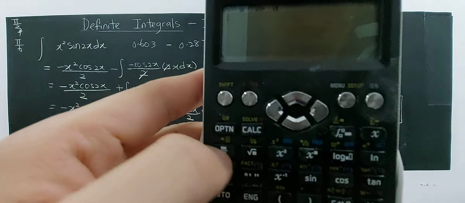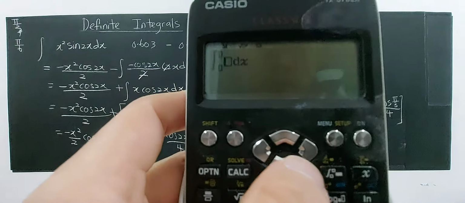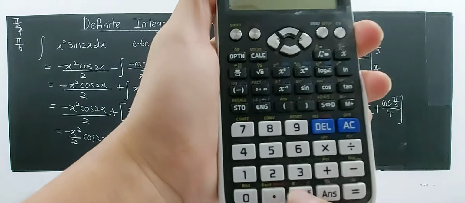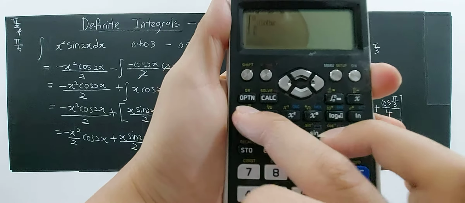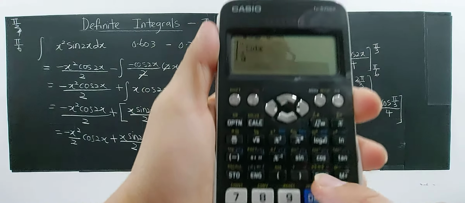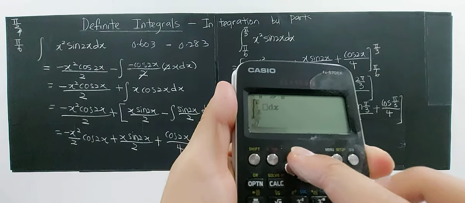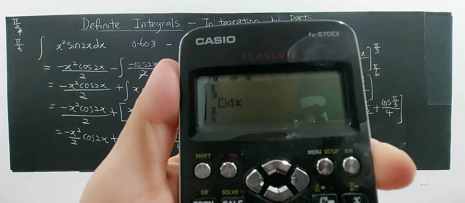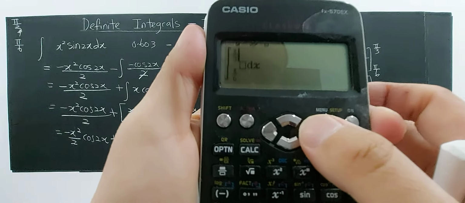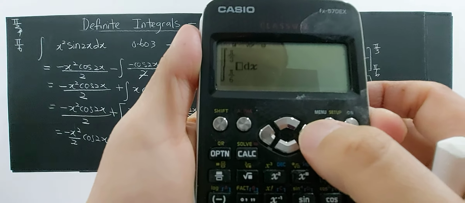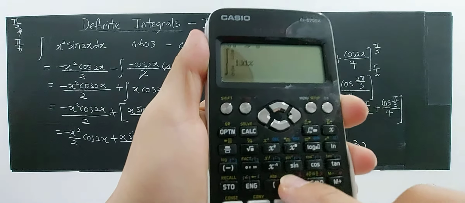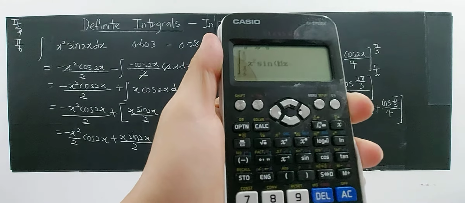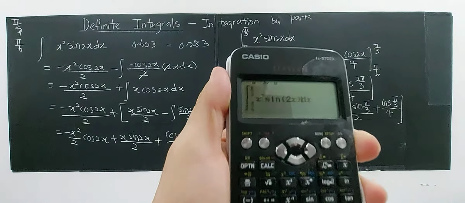So that's in decimal. You can also use the calculator to directly calculate by using this, right? So you have integrate, so you can just key in, alright? Shift pi over 6 to pi over 3, and alphabet x square sine 2 alphabet x, right?